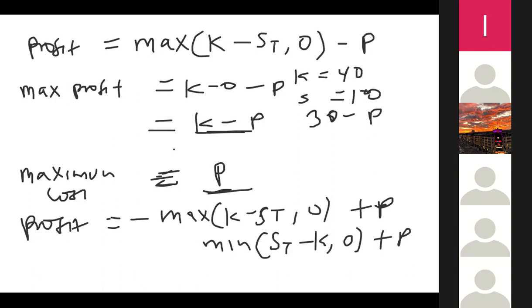Now let's look at when the price is, let's say we said the strike price was 40. That's what we used. So if the strike price is 40 here, let's say the stock price is below 40. The stock price can get to 0, right?